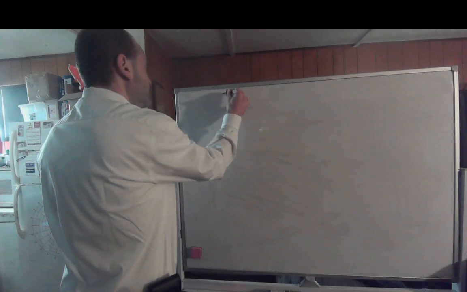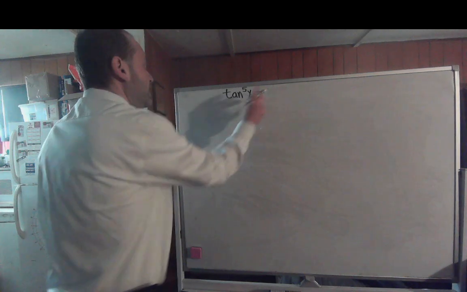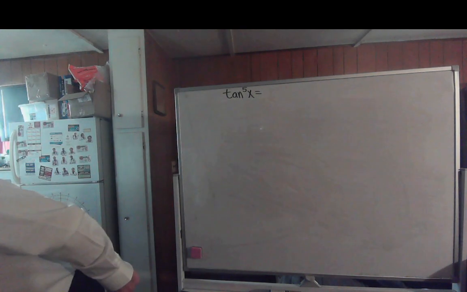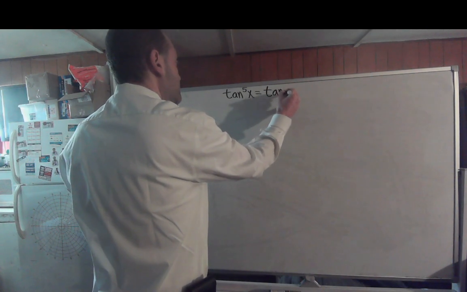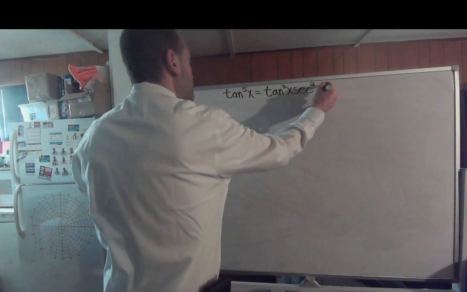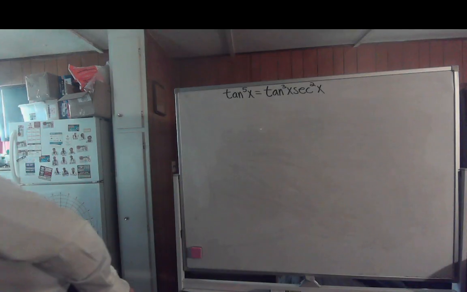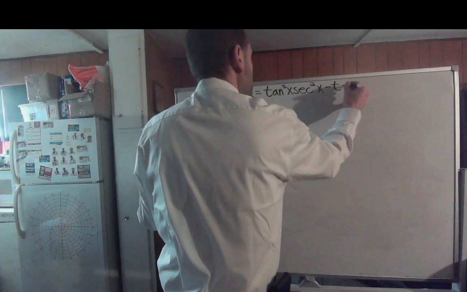So we want to verify that the tangent to the 5th power of x, tangent 5 of x, is equal to tangent cubed of x, secant squared of x, minus the tangent cubed of x.